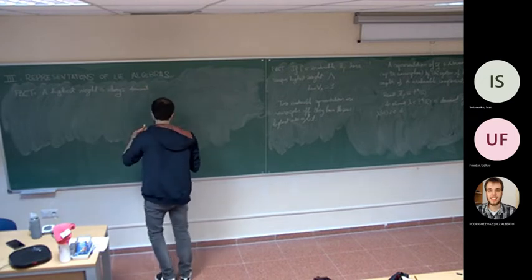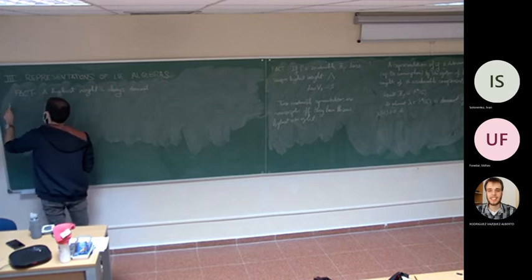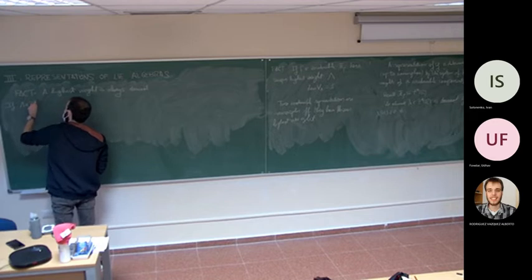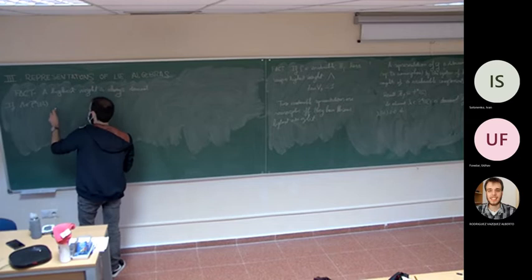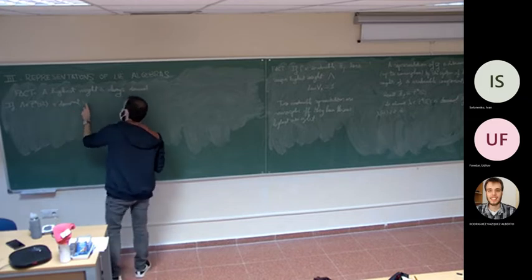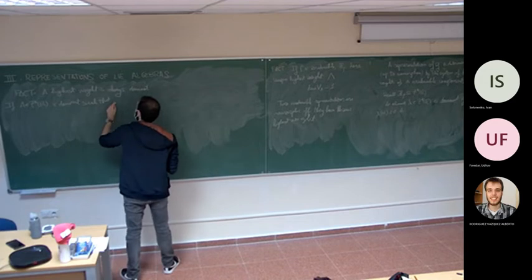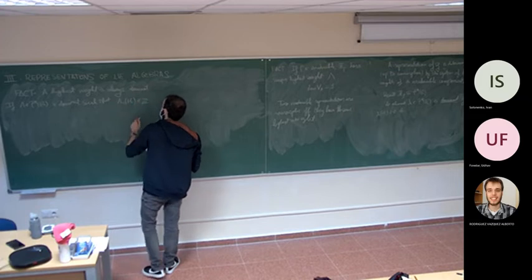And conversely, if capital lambda is dominant, such that it takes the HI into integers, I forgot to mention that earlier.